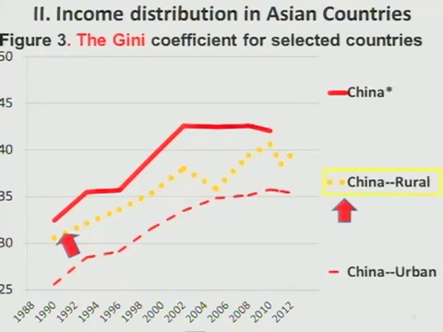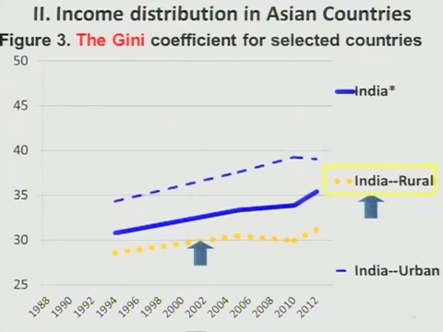And as Professor Lavarian suggested, China is characterized by high rural inequality, whereas in India, urban inequality is higher than rural inequality.